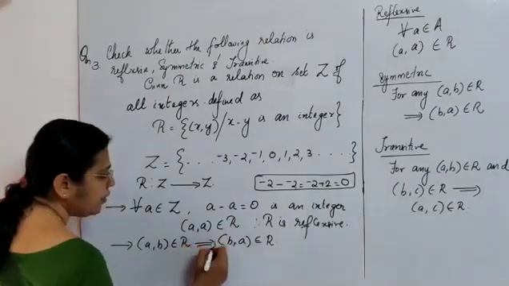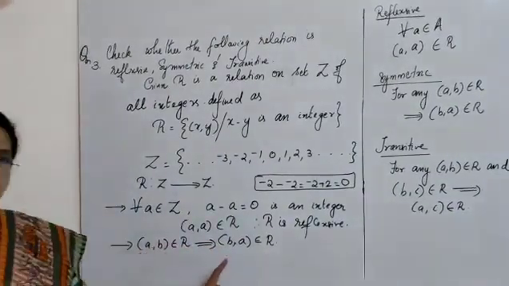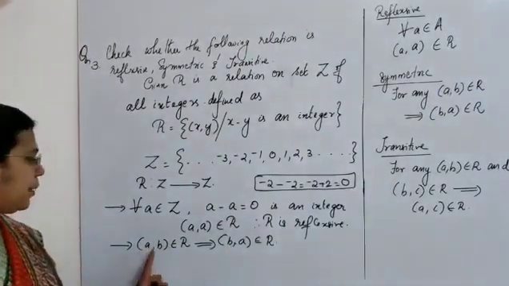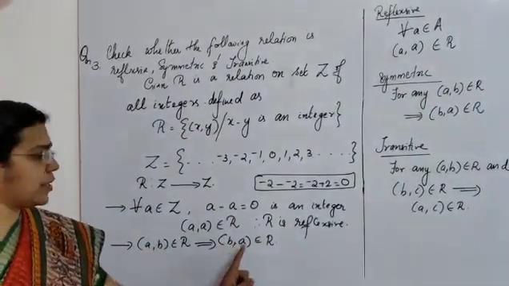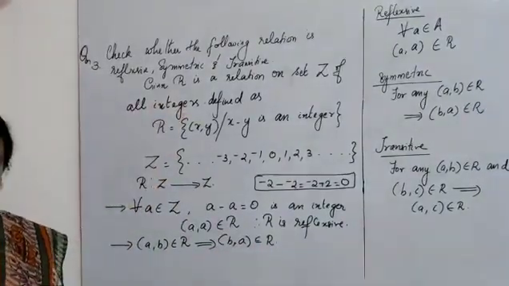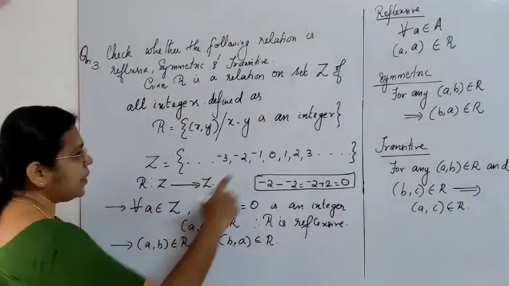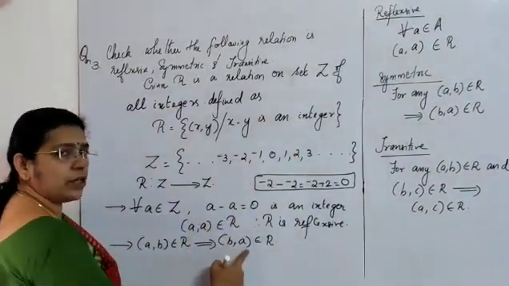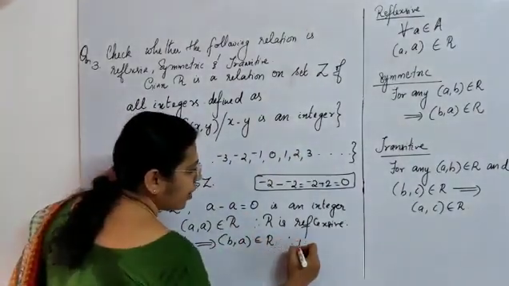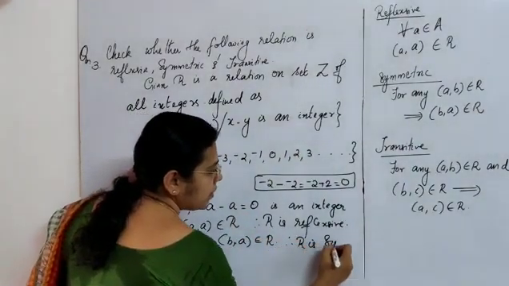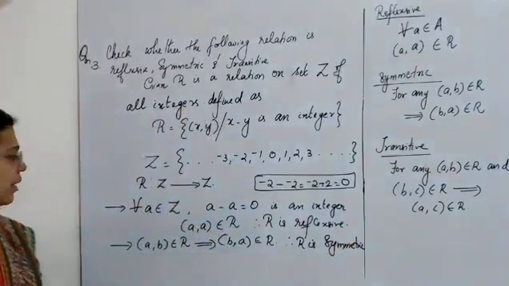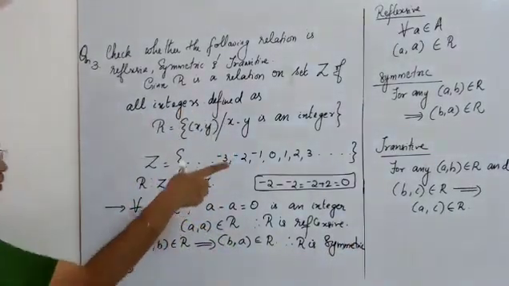So for any (A, B) belongs to the relation, (B, A) also belongs to the relation. A minus B is an integer as well as B minus A is also an integer. That satisfies the given relation. Therefore, R is symmetric.